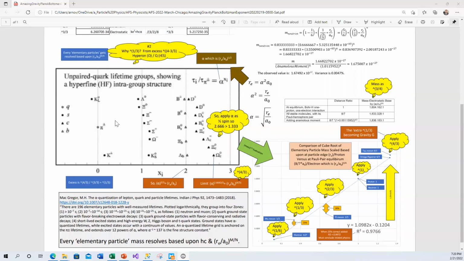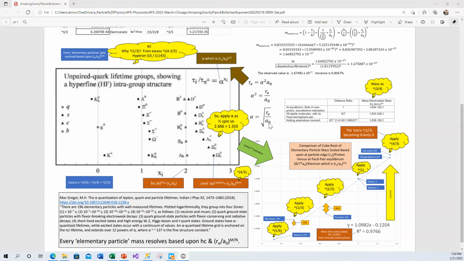And guess what? He found that those were all related to a power of the fine structure constant, alpha. And what I do is I relate the fine structure constant to the square root of the particle edge divided by the Bohr hydrogen radius. And that's a physical model.